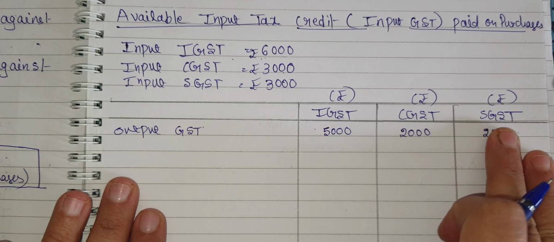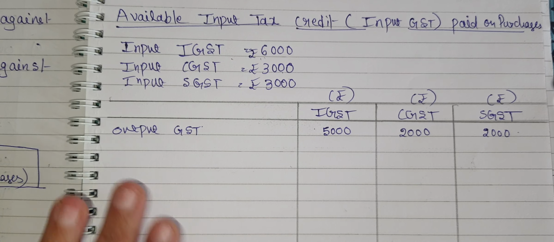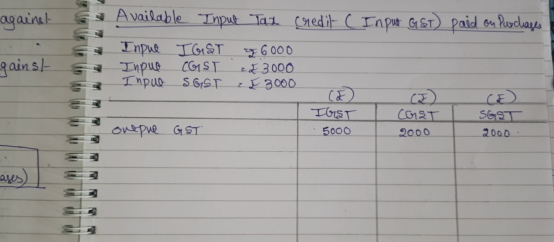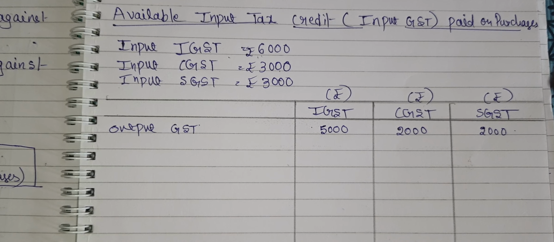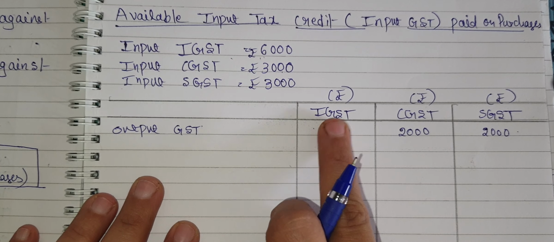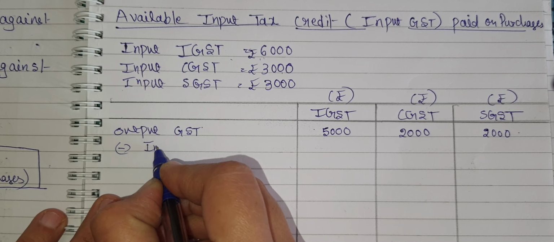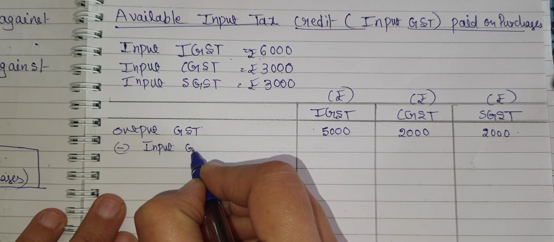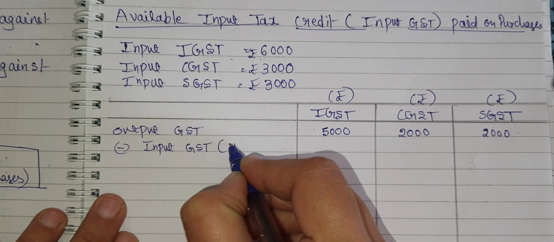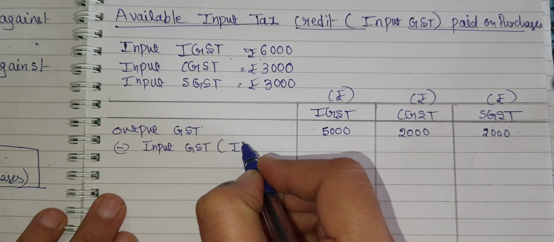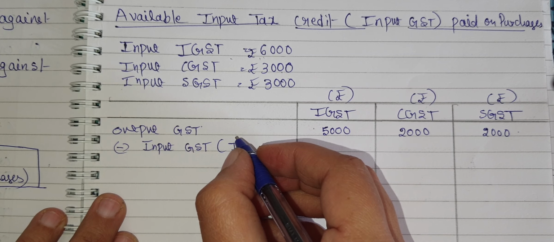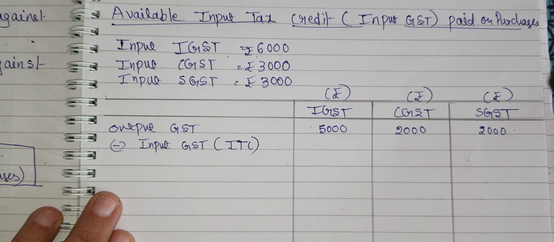Fine, that is output GST. Now we have to set off one by one. First we will go to the IGST. So less input GST or input tax credit.